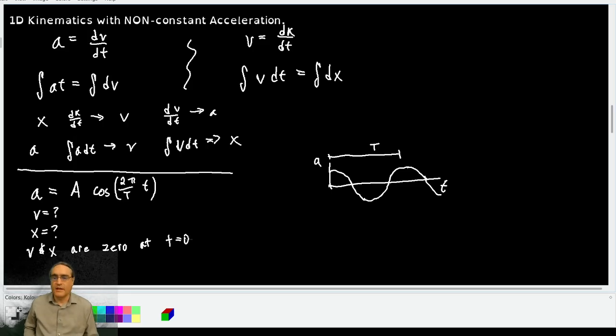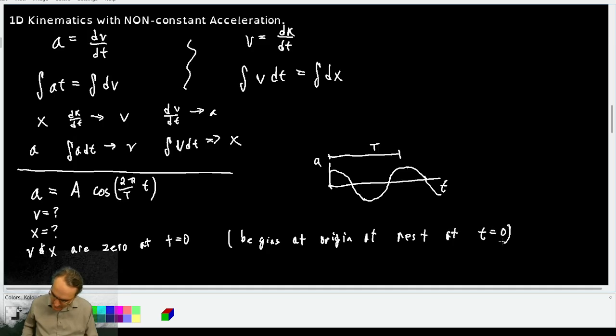In other words, it begins at the origin, at rest, at t equals 0.